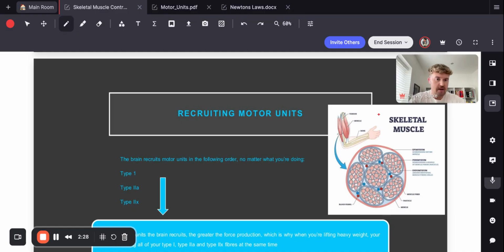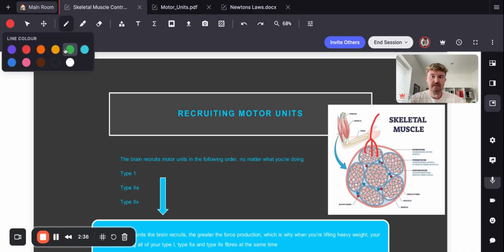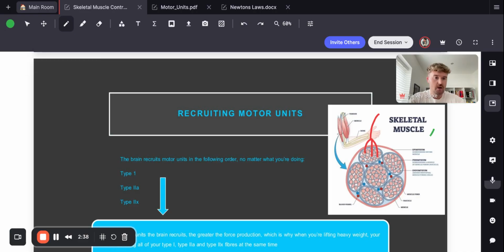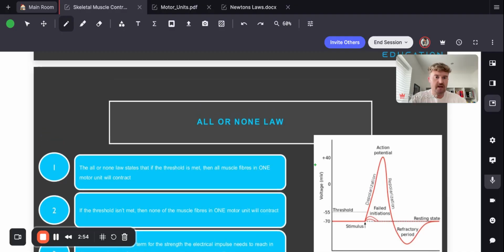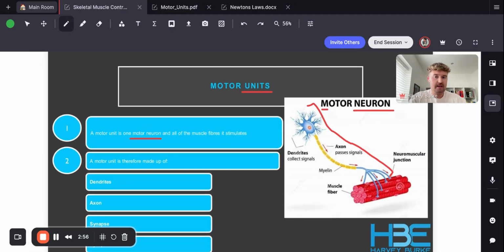You might have a motor neuron that is stimulating this cluster of fibers here, but then you might have a completely different motor neuron that is stimulating these fibers. So per muscle, let's say this whole thing is the muscle, you will have loads of individual motor units. So that's what a motor unit is if you get asked about that in the exam.